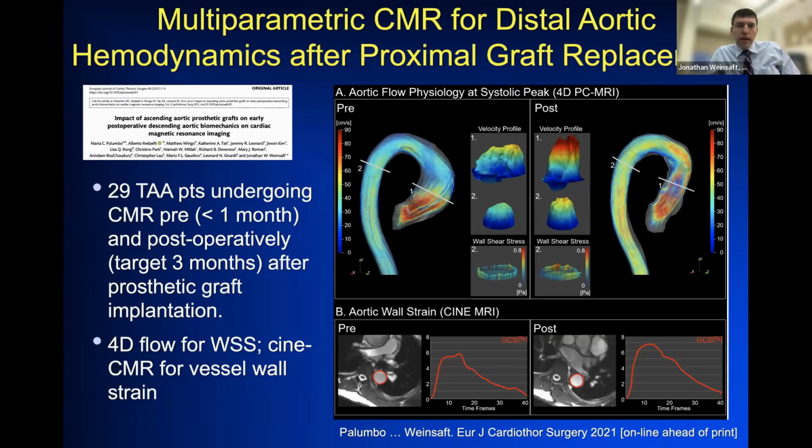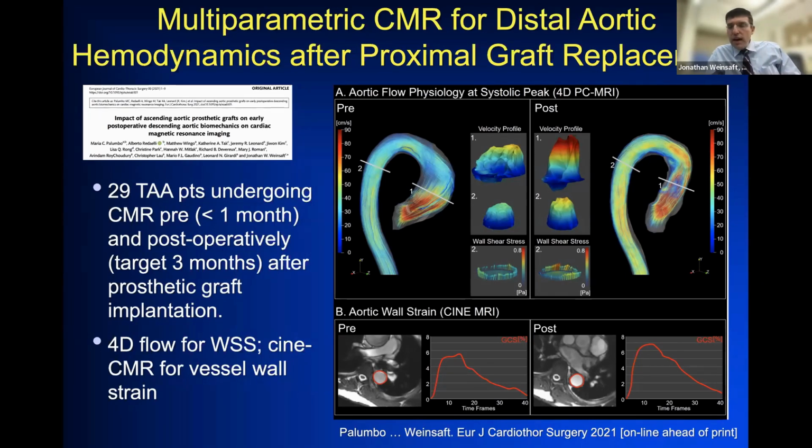I showed you some data looking at transesophageal as well as transthoracic echocardiography, demonstrating increased vessel wall strain and distensibility after proximal graft implantation. And we noted that the magnitude of change in distensibility was greatest in genetic aortopathies.